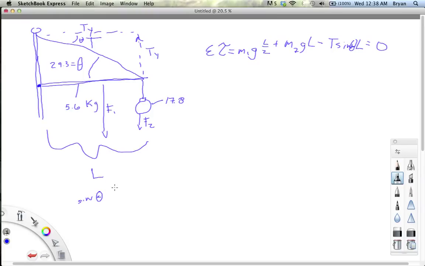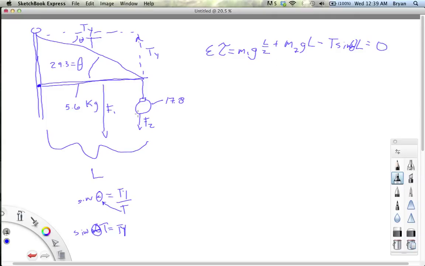Sine of theta equals opposite over hypotenuse, which is Ty over T. You bring the T up there and solve for Ty: sine of theta times T equals Ty. So you just put T sine theta times L. I hope you guys got that. If you don't, you can yell at me, you can write all kinds of stuff online, and that's fine.